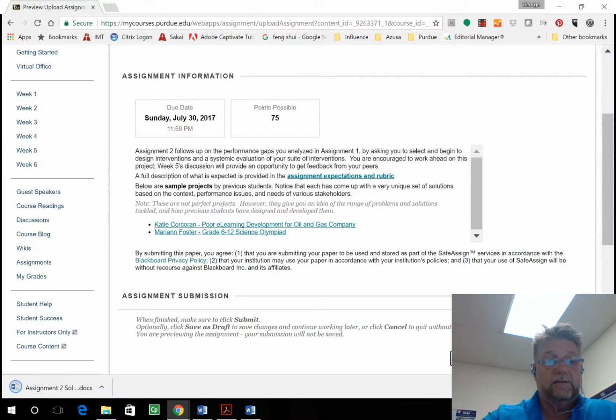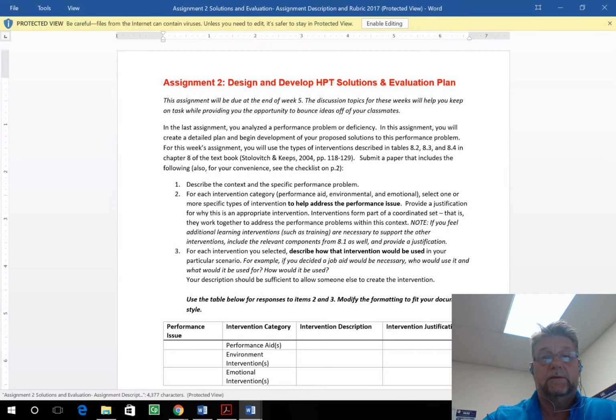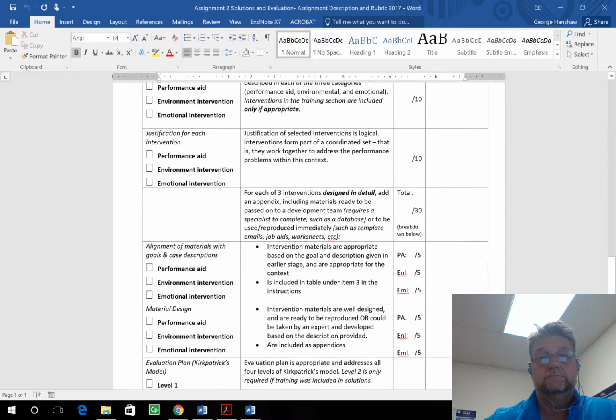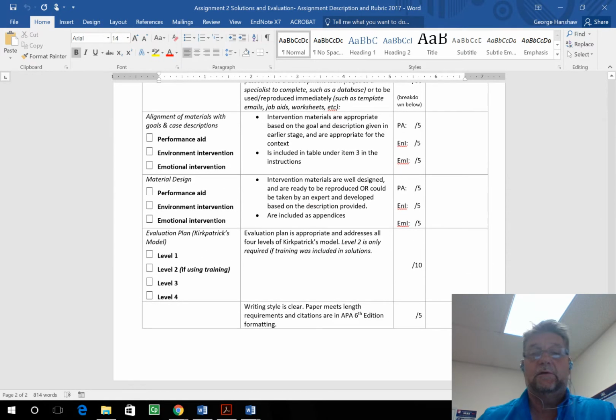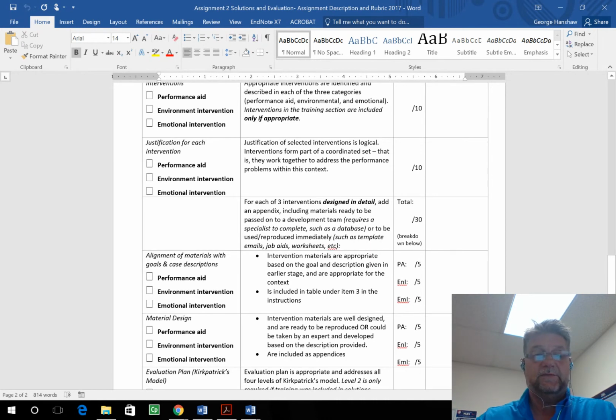And here is the rubric, of course, as you have probably seen it already. And here's a checklist, and that is exactly how I go through it in grading. I just go directly with the checklist. I'll go down each item, see what's in there, not in there, whatever it may be, mark, and give the feedback. So I hope this was helpful.